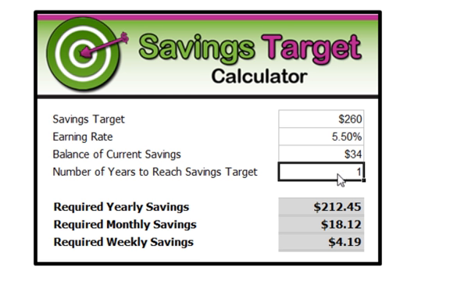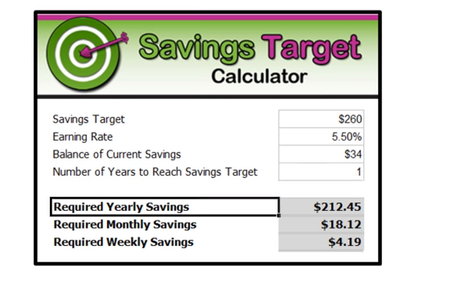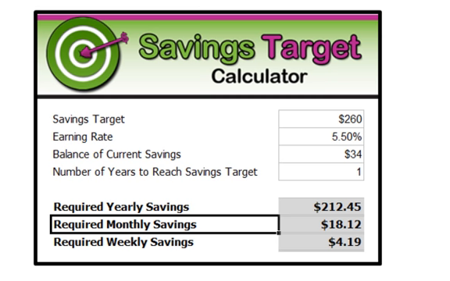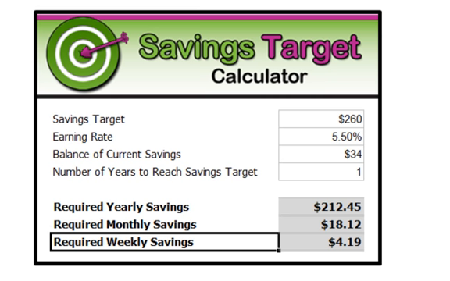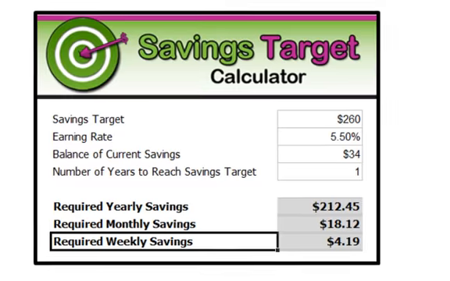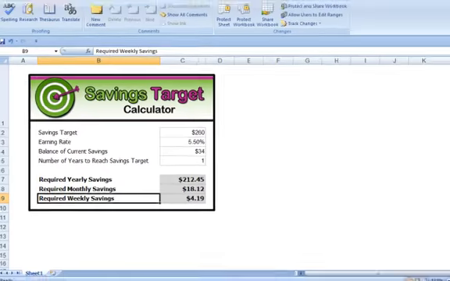So here you can see that we then have already got some figures based on those details of how much we need to save in a year, and then we've broken that down into monthly and weekly. So here you'll see that she needs to save $212.45 for the year, $18.12 for the month, or if she's going to save weekly, $4.19.